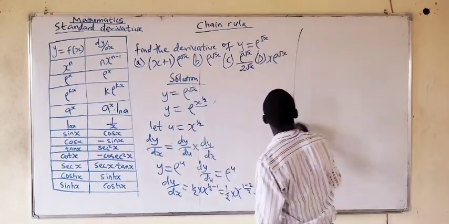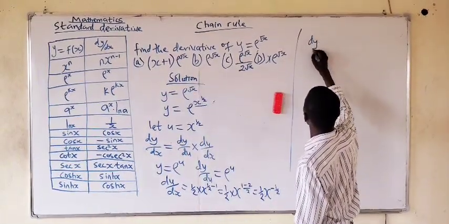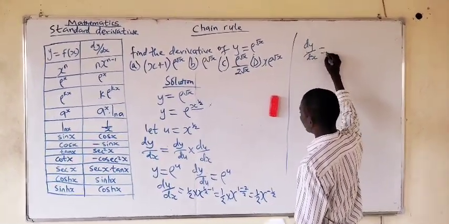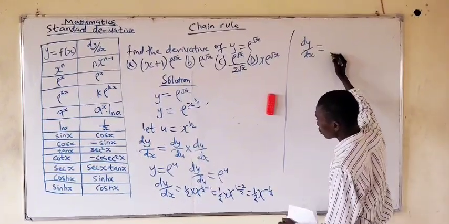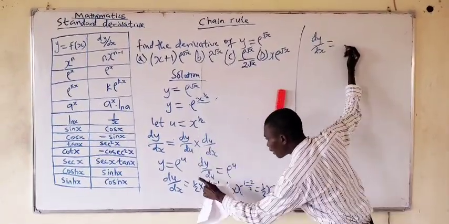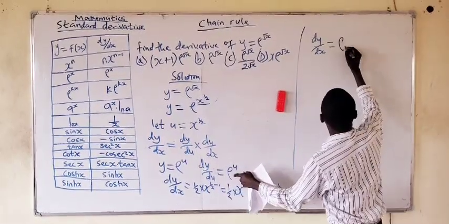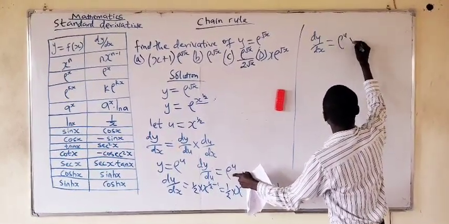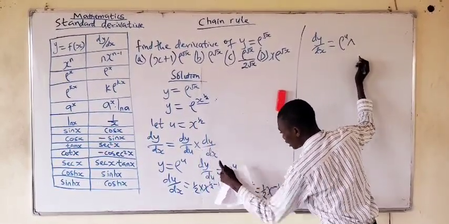Therefore dy/dx equals dy/du times du/dx. What is dy/du? This is dy/du: exponential u. What is du/dx?